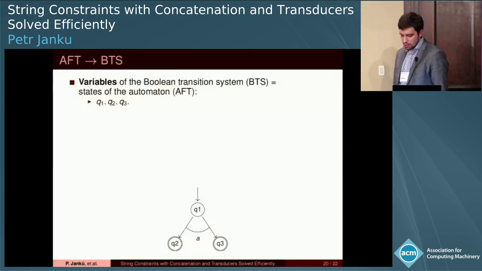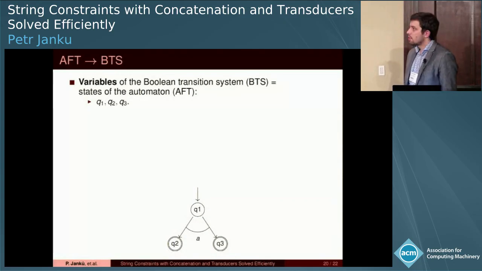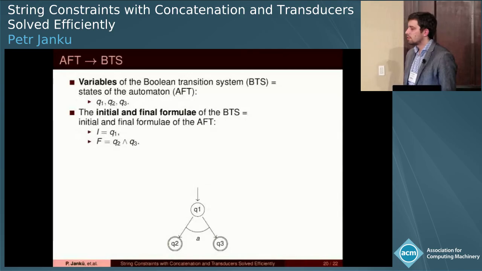Now, a simple transformation of transducers into a Boolean transition system is quite straightforward. States of the automaton become Boolean variables of the Boolean transition system. The initial states of the system are described by the same positive Boolean formula as in the automaton, and the same for the final states.